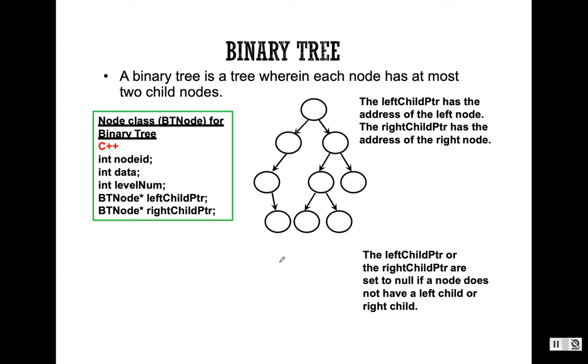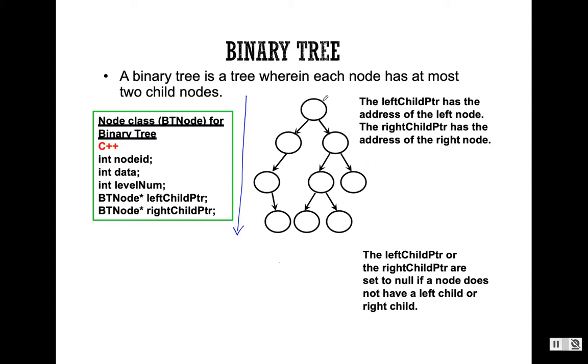Obviously this is going to be very different from a linear structure. First of all we have to have a data structure to represent each node, then we are going to connect each node with its parent and its children.